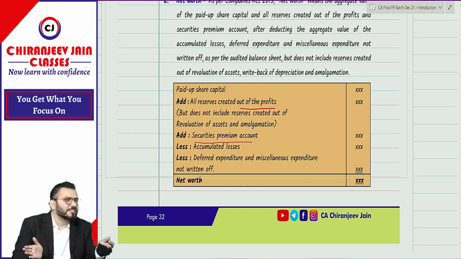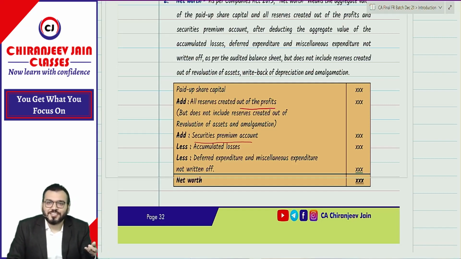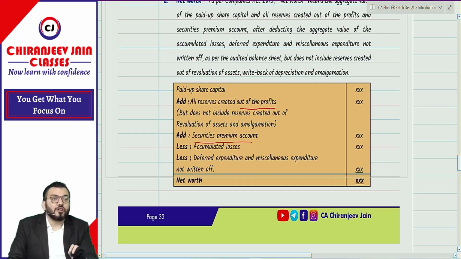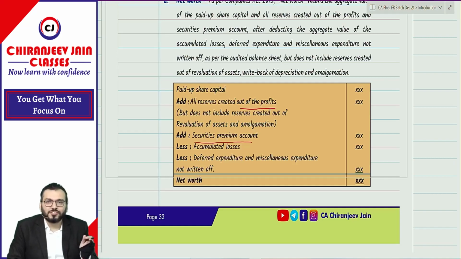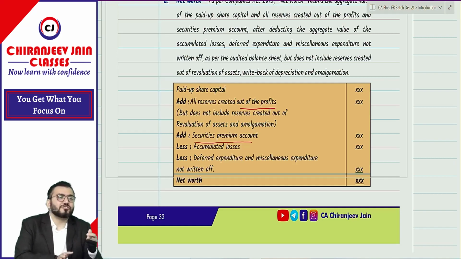Of course, there may be a negative balance of the profit and loss appropriation account, which is known as accumulated losses. So less accumulated losses. Then less deferred expenditure and miscellaneous expenditure not yet written off. However, now there is no concept of miscellaneous expenditure, but there may be some deferred expenditure which is not yet written off.